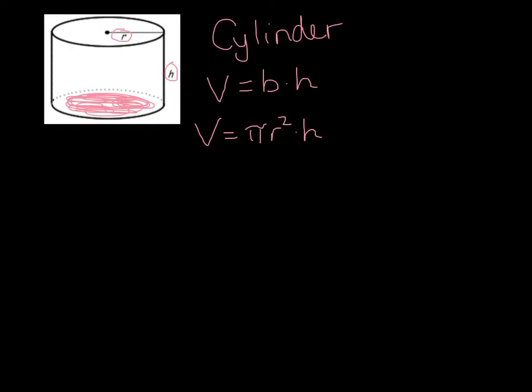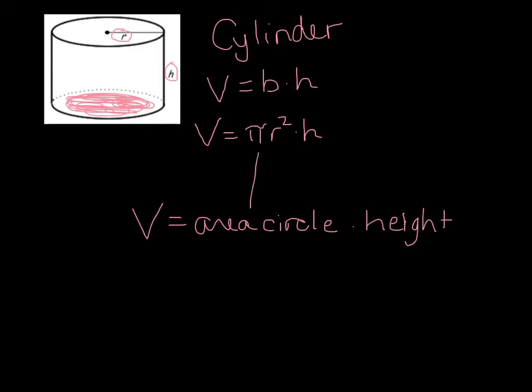So maybe one way that's easy for you to remember is that the volume of a cylinder is really the area of a circle times the height. So that's why pi r squared times h is the volume formula that you're going to need to know for any cylinder.